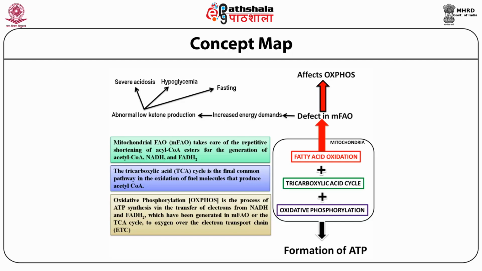And acetyl-CoA is one of the key components of both the fatty acid biosynthesis as well as oxidation. Oxidative phosphorylation is the ATP synthesis process that occurs via the transfer of electrons from NADH and FADH2, which have been generated in mitochondrial fatty acid oxidation or the TCA cycle, to oxygen over the electron transport chain, and as a result there is a formation of ATP.